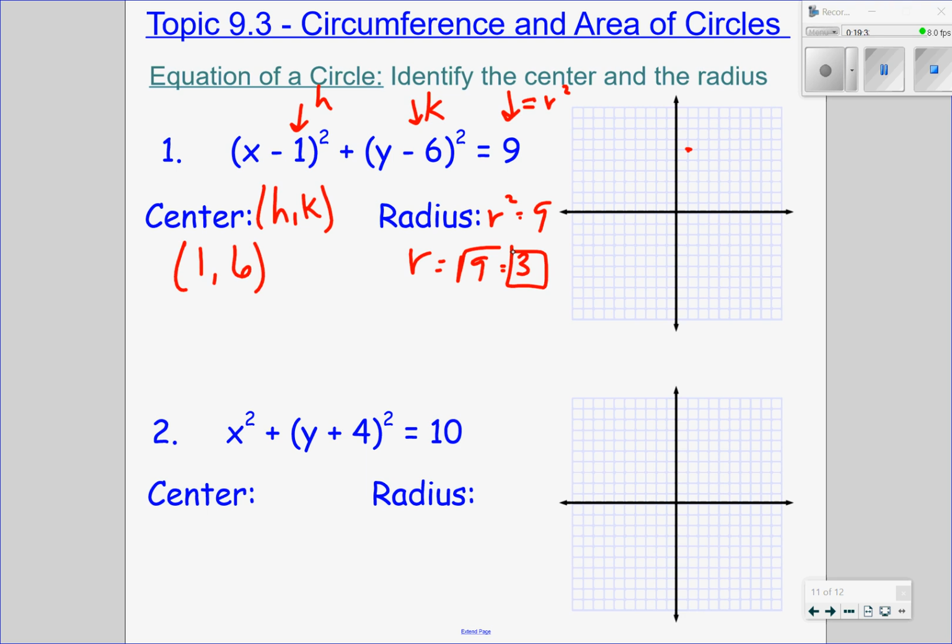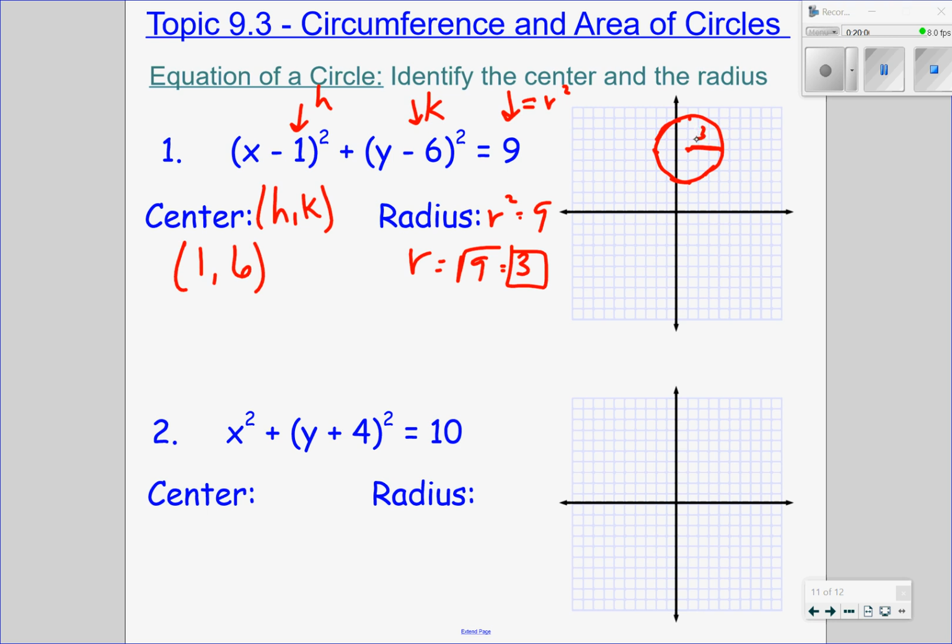So I would go 3 units out from the point, 3 units up, 3 units down, and 3 units over. I could use all of that to make a circle with a radius of 3. Obviously your sketch might look a little more detailed and savvy; it's really hard to draw with the stylus here.